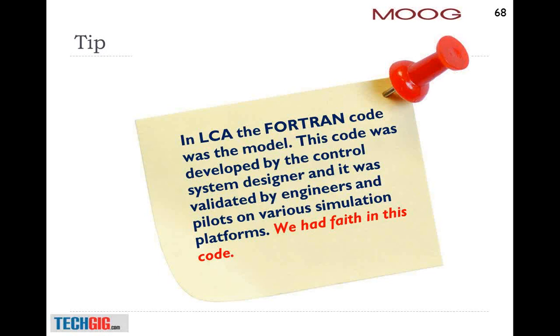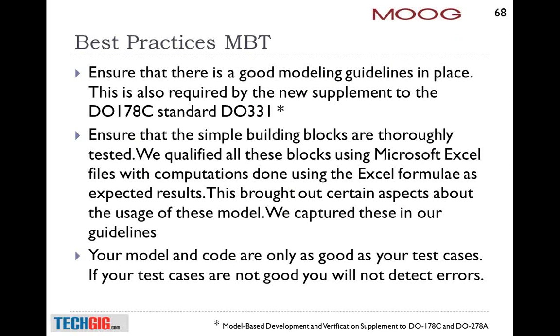In the LCA context, there was a Fortran code which was used by the system designers themselves. So that was our benchmark model. Even though it is a piece of code, it is in a different language, written by the designers themselves, and pilots have flown this, so we had a lot of faith in this code. We ensured that when the LCA aircraft flew, the ADA code matched this Fortran code very closely.